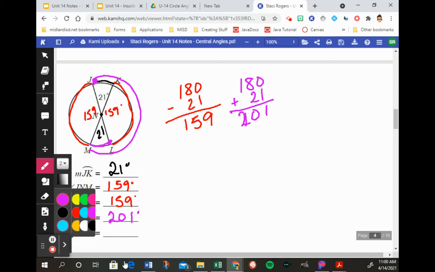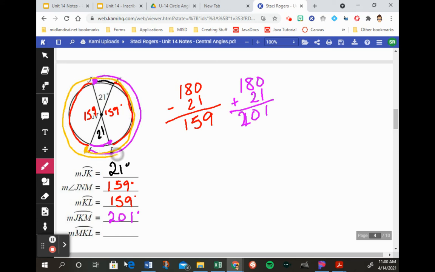One more. Oh, let's see. Let's do gold. MKL. M to K to L. Well, it's going a whole 360 degrees plus another 21 degrees. So that's 381 degrees, isn't it?